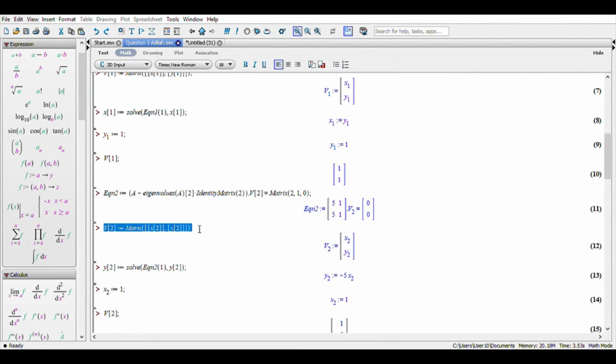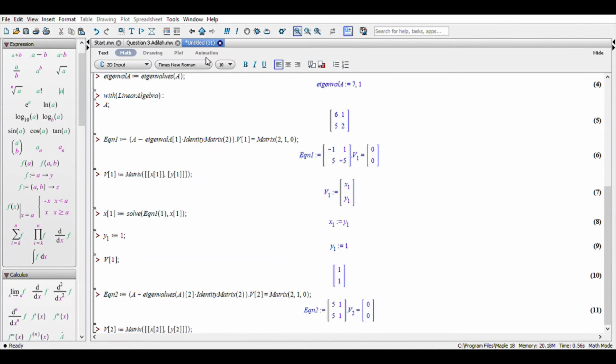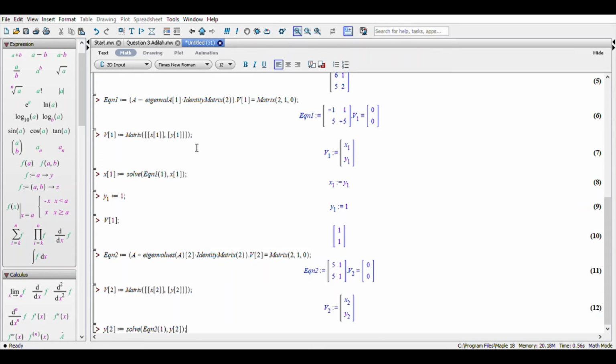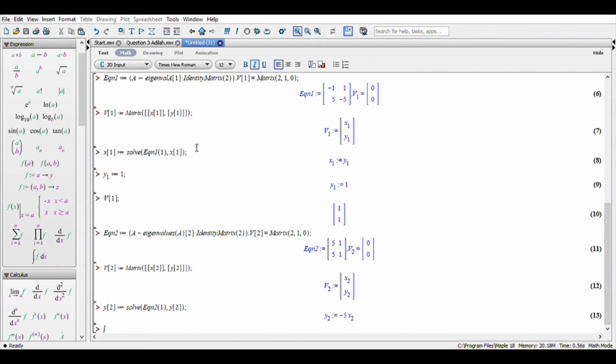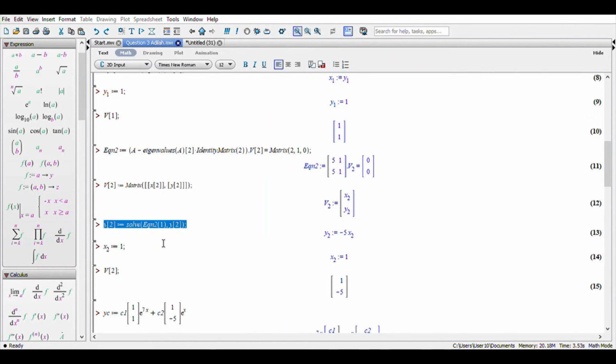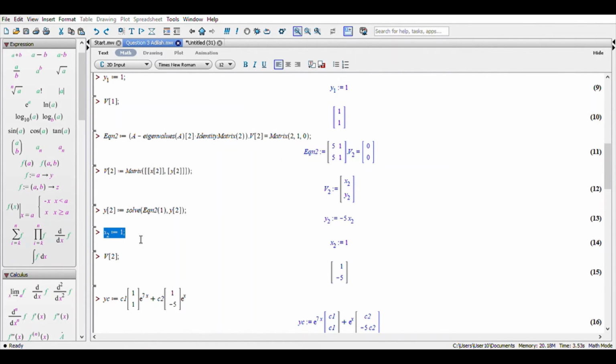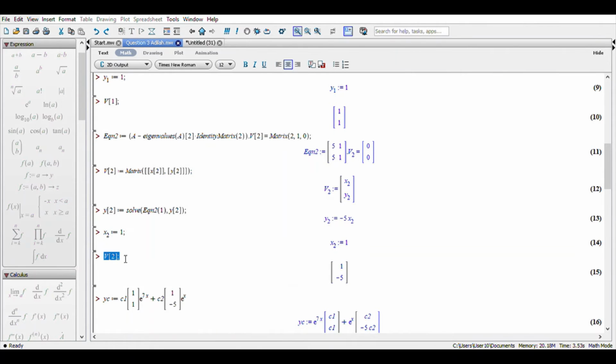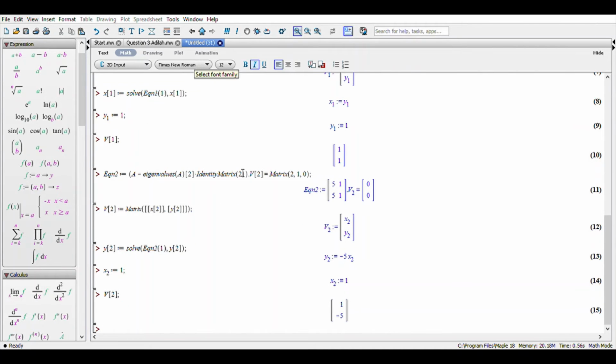And then the form of v2, and we will solve the matrix by getting y2 equal to negative 5x2, which is x2 equal to 1, and we will get the value of v2, which is 1, negative 5.